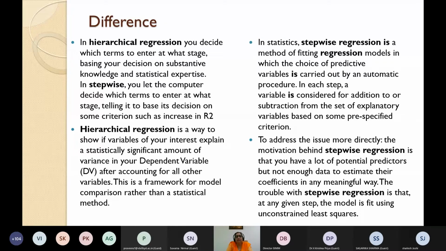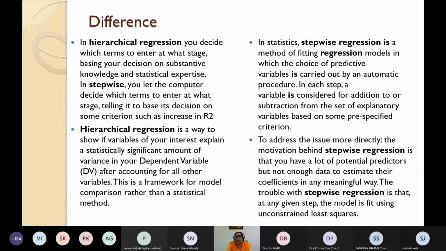Whereas stepwise regression is a method of fitting the regression model in which the choice of predictive variables is carried out by an automatic procedure by the computer. You make use of software like SPSS or Minitab. At each step, the variable is considered for addition or deletion from the set of explanatory variables.